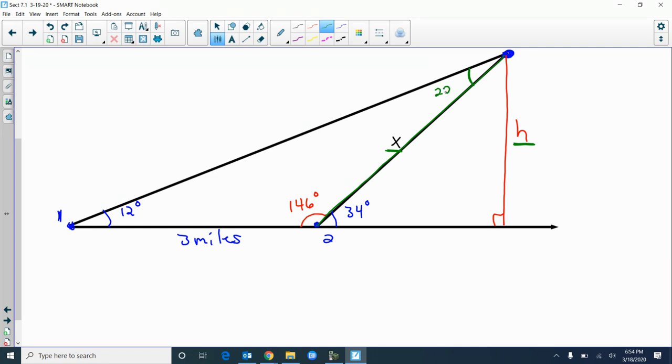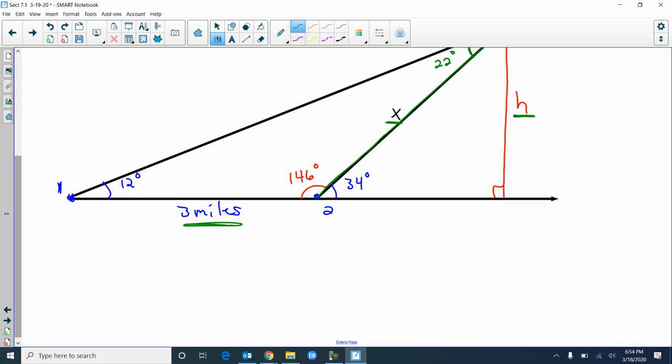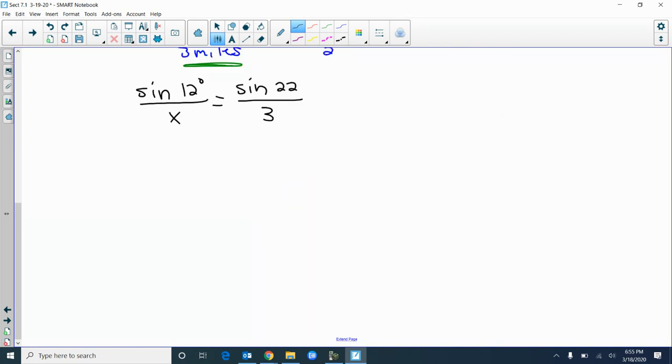That's going to leave me 22 degrees here. All right, so 3 miles is across from 22 degrees. 12 degrees is across from x. So I can set this up as the sine of 12 degrees over x equals the sine of 22 degrees over 3.